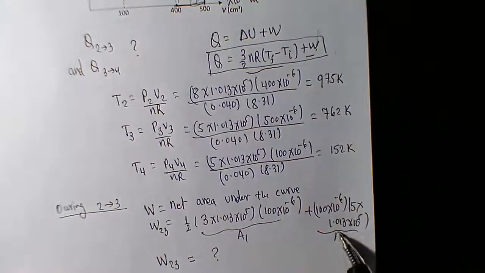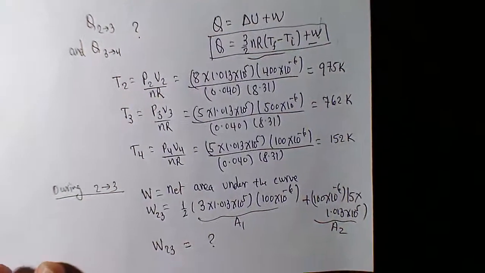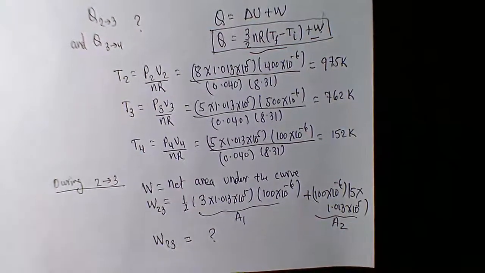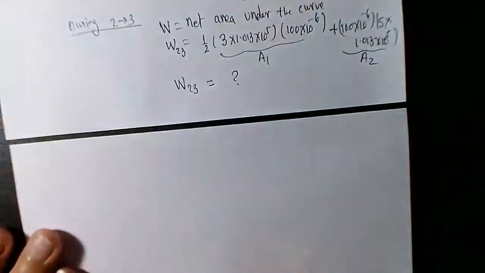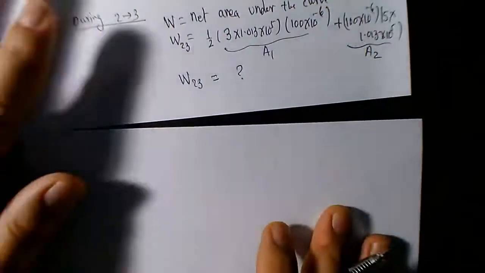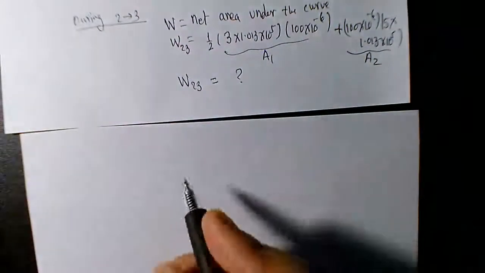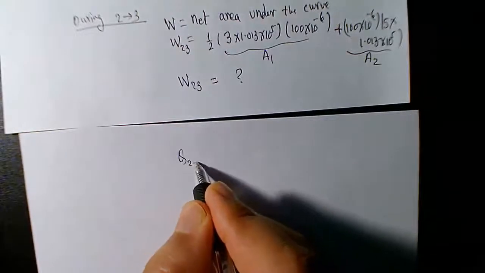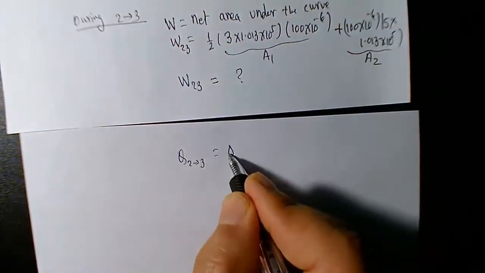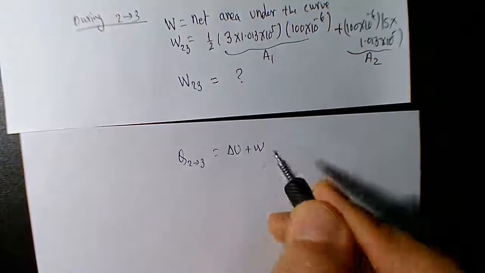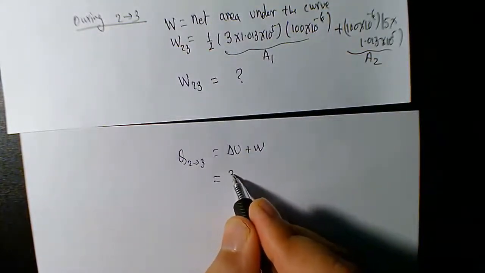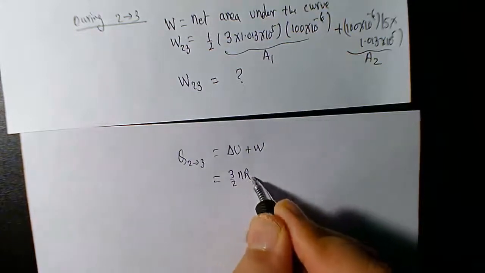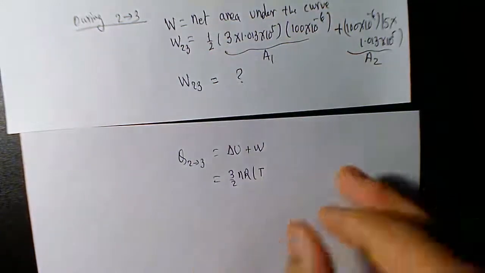The second part is A2. Once you do that, then we're ready to find Q, the heat exchanged, back to the main problem. Q 2 to 3 is delta U plus W. So delta U is 3/2 nR times the change in temperature.